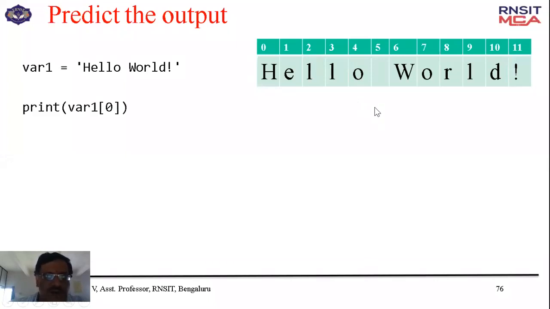Print var of 0. I want everybody to type in your answer. Only 2, 3. Now, I want all 48. Somebody is typing small h. Small h is not there at 0. Arpita, it is not small h, it is capital H. I want everybody to give an answer.